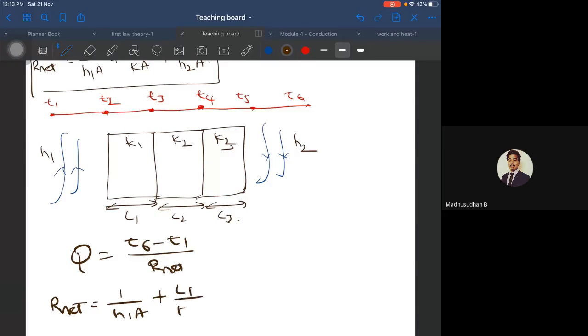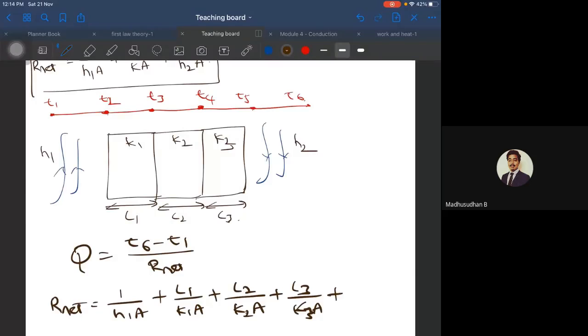Plus the resistance offered by this particular slab for heat transfer from T3 to T4, it is L2 divided by K2 into A. Similarly, for the third slab, it is L3 divided by K3 into A. And last, there is again a convective heat transfer from the T5 surface to the T6 fluid.